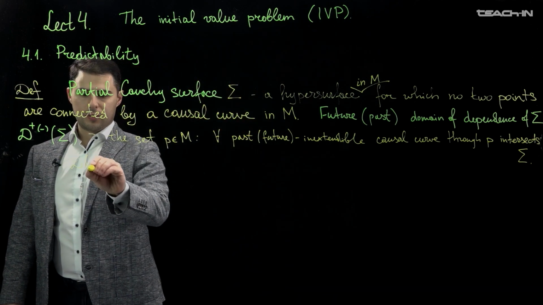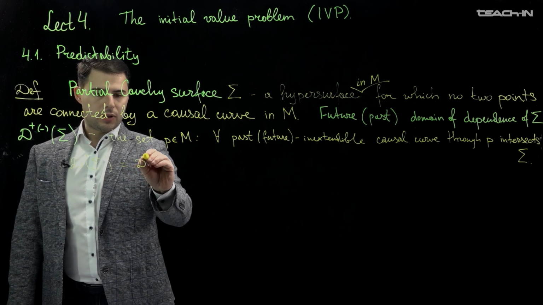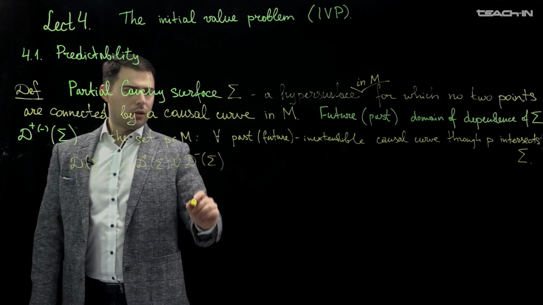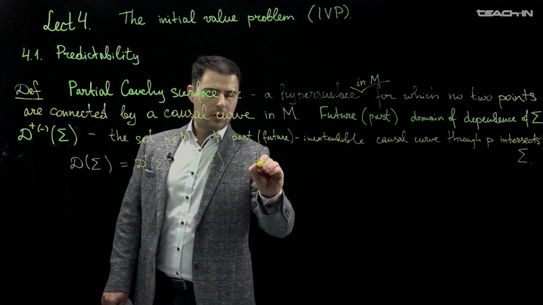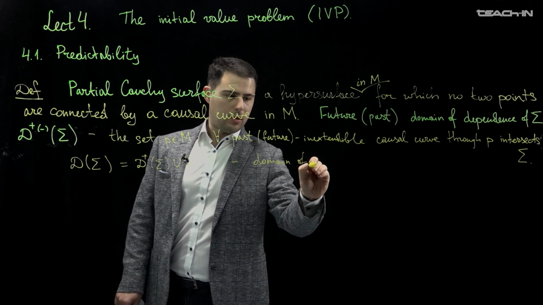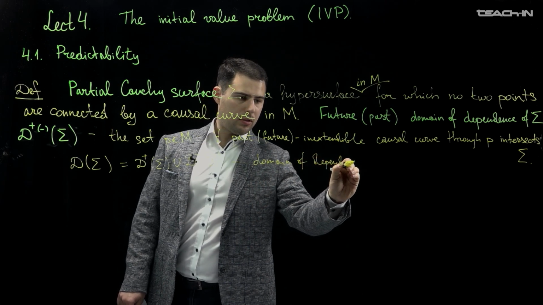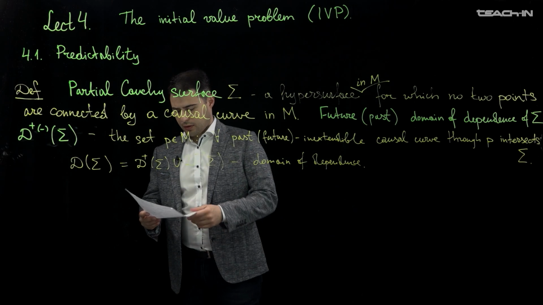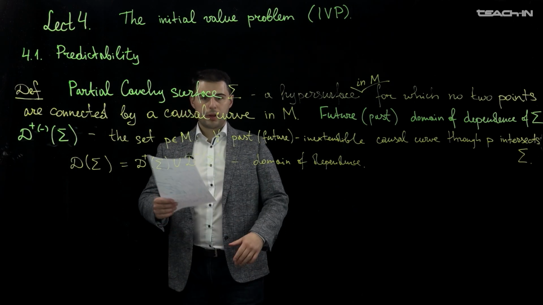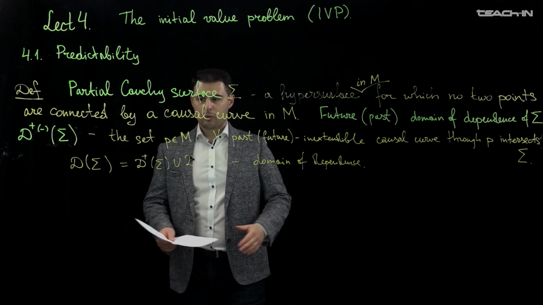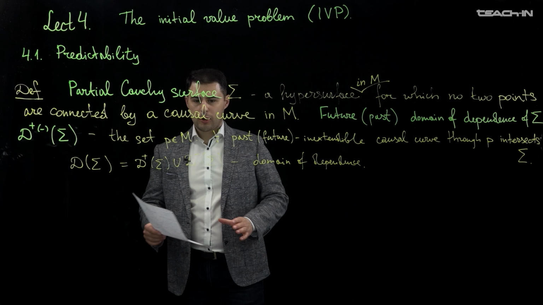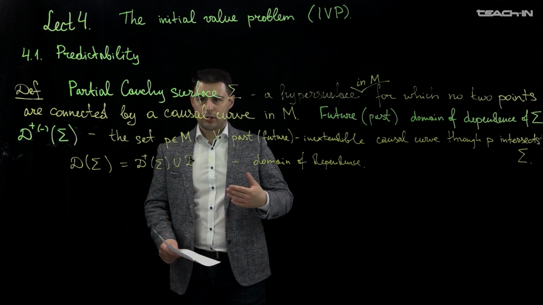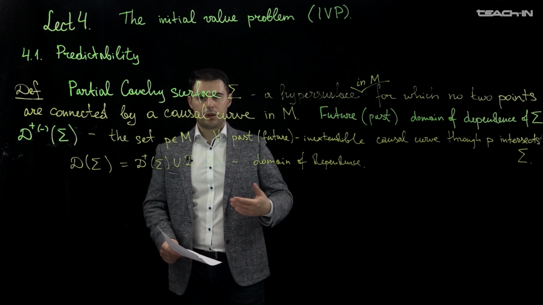So we have the boundaries of the domain of dependence, which is the boundary of the domain for which the evolution is entirely predictable given the data on the Cauchy surface.